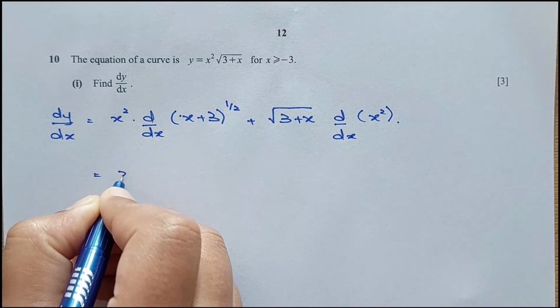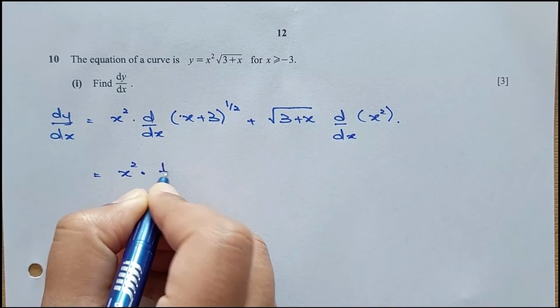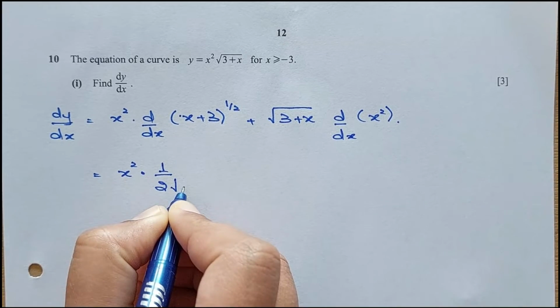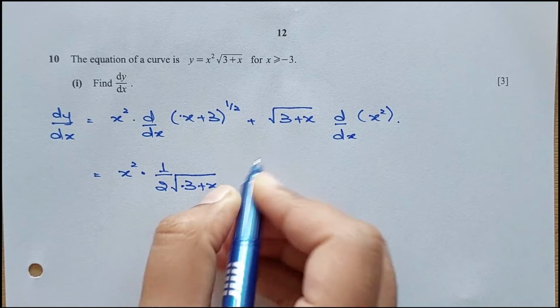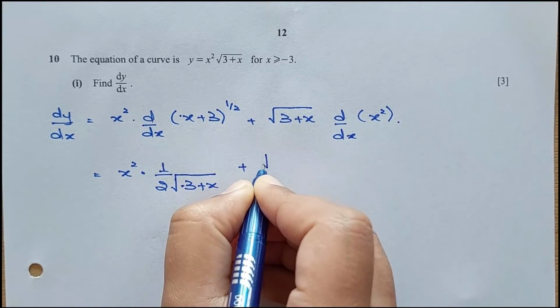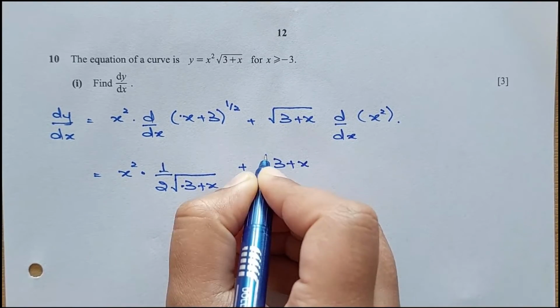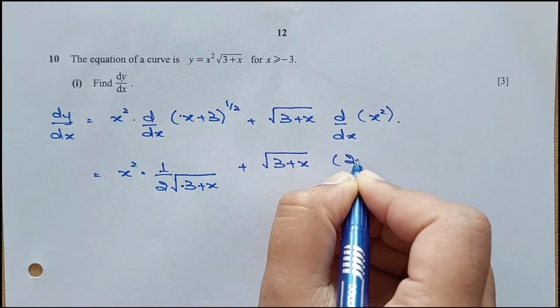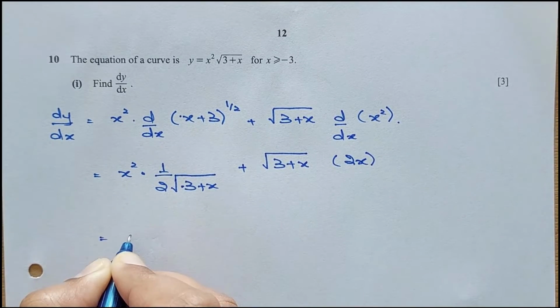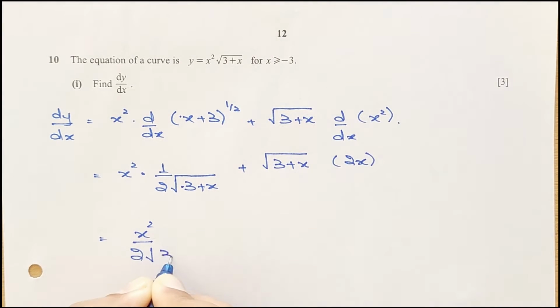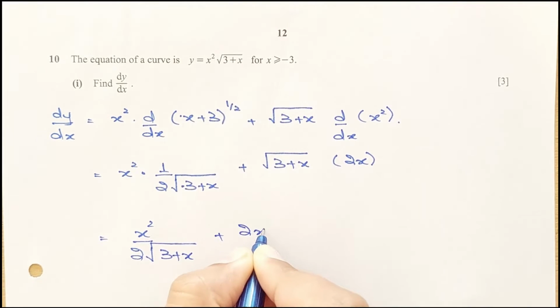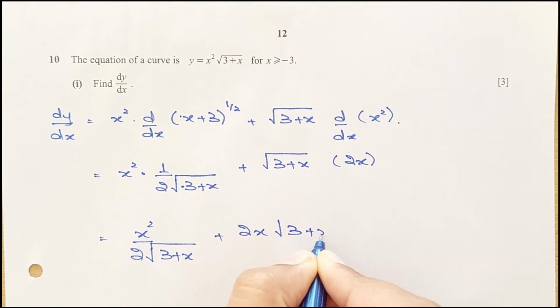So here we apply the power rule: 1 by 2 square root of 3 plus x, and the derivative of 3 plus x is just 1, plus square root of 3 plus x, and it's 2x. Further simplification, we have x square divided by 2 square root of 3 plus x, plus 2x into square root of 3 plus x, right?